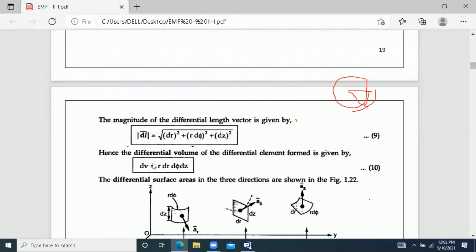And your differential volume would be your differential lengths multiplied together. Just like dx, dy, dz, it would be r dr d phi dz.